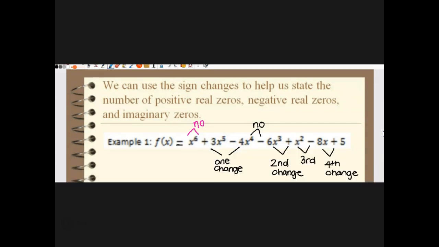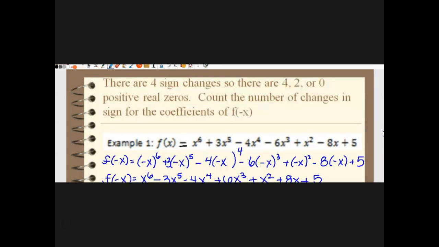So that is considered the first change. From a negative x to the 4th to a negative x cubed, it stays negative, negative, no sign change. Then here, negative to a positive is a sign change. Positive to a negative is a sign change, etc.